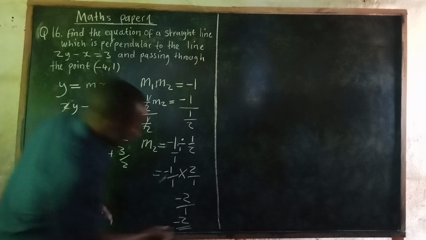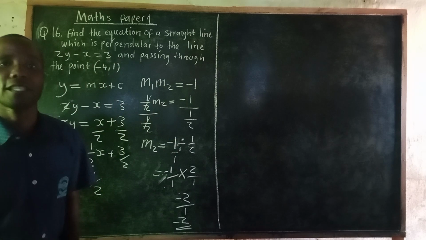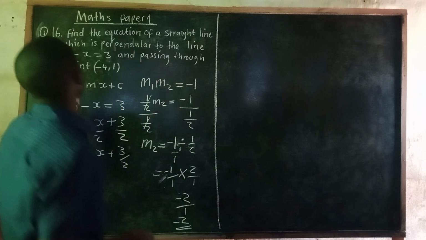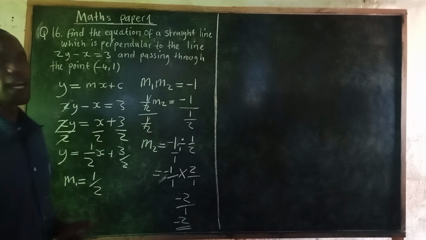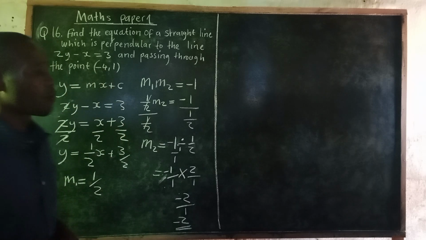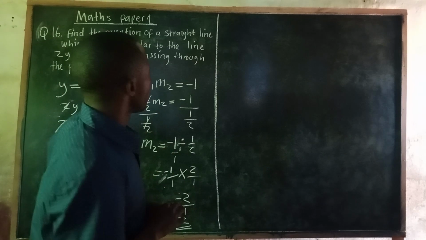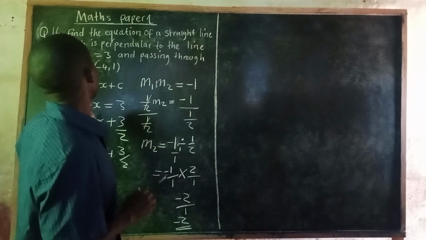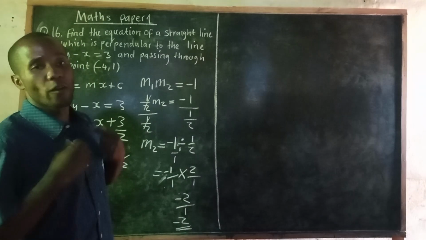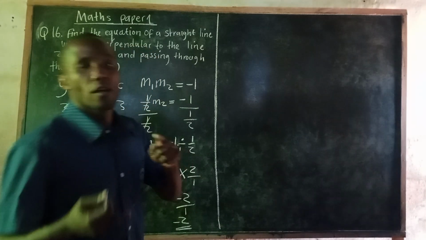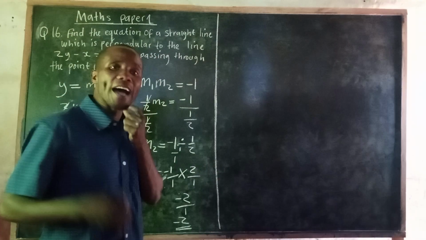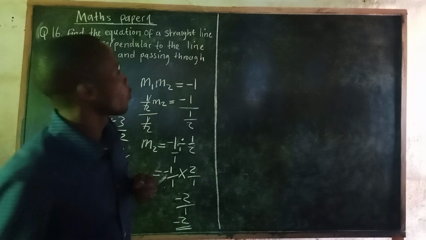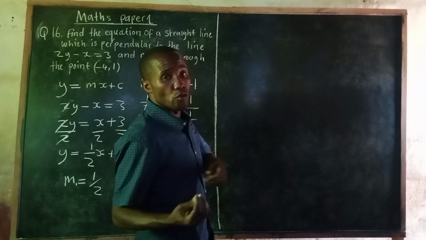Now that we have the gradient in place, it is very easy for us now to find the equation, because the coordinates are already there. So now, we have 2 methods or formulas that you can use to find the equation. We have the gradient point form and the gradient intercept form. So it's up to you now to choose.